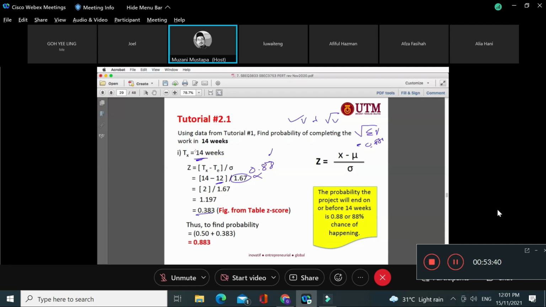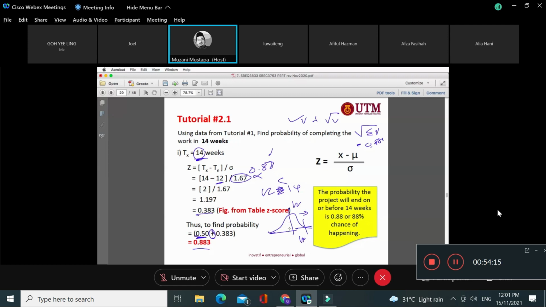Right. Since 14 is more than 12, in the Z score table, 12 is here and 14 will be somewhere on the right side, right? So we use the add equation. We know the middle is 0.5, we plus 0.383, so we got 0.883.